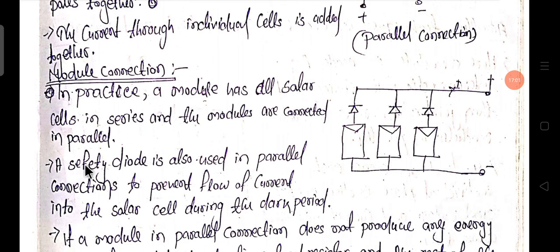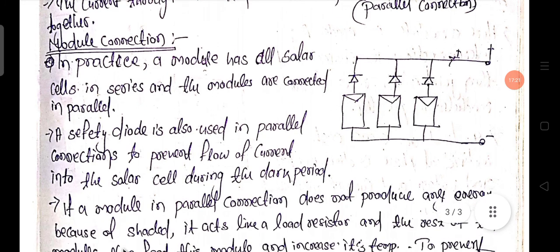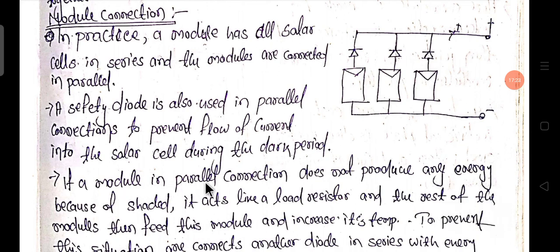A safety diode is also used in parallel connection to prevent flow of current into the solar cell during the dark period. If a module in parallel connection does not provide any energy because of shade, it acts like a load resistor, and the rest of the modules then feed this module and increase its temperature.